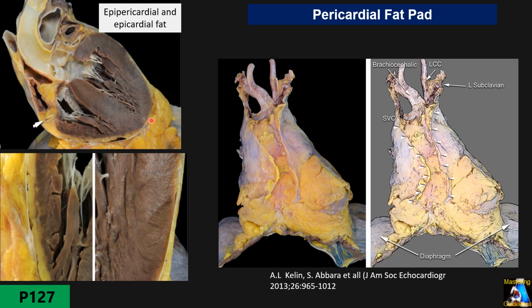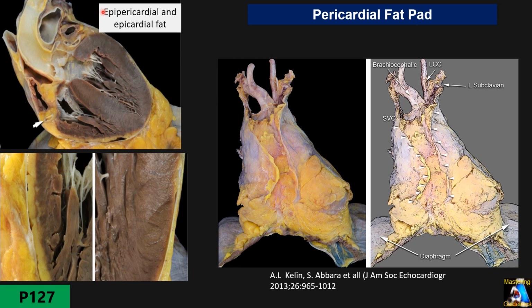This type of fat deposits between the visceral epicardium and myocardium, and sometimes the fat deposits inside and infiltrates inside the myocardium. The distribution of this type of epicardial fat pad is usually in the interventricular and atrioventricular grooves.